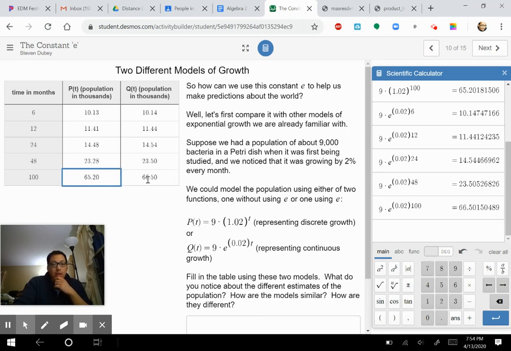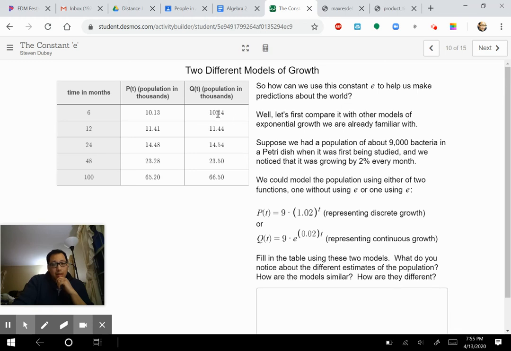So what's going on here? It looks very close, right? These models are very similar, but the model with e that represents continuous growth is always a little bit bigger, right? As we kind of go out in time. And as we go further out, it's a little bit even more. But it's very close, but it's just a little bit more because why? Because that compounding is happening more and more frequently. In fact, instantaneously.